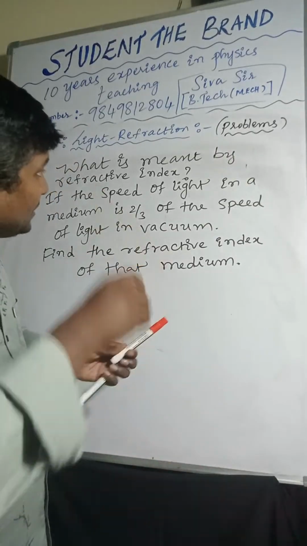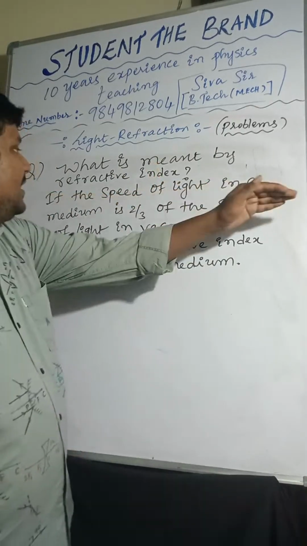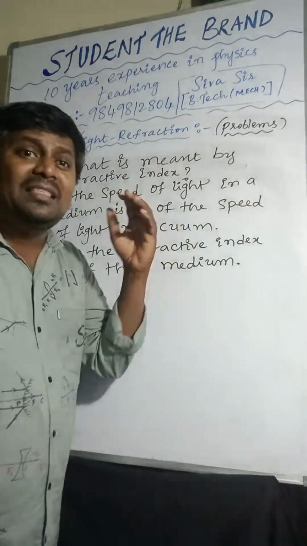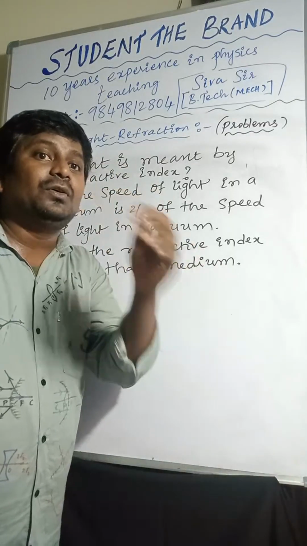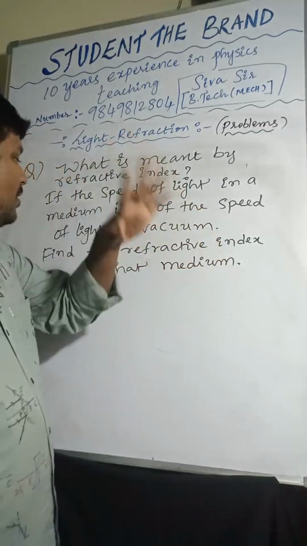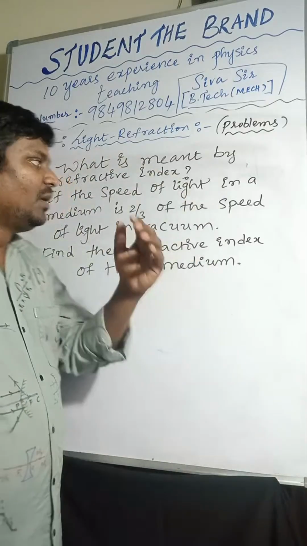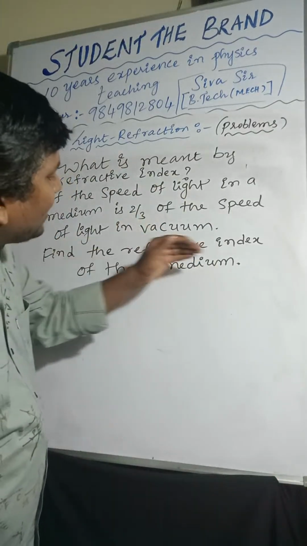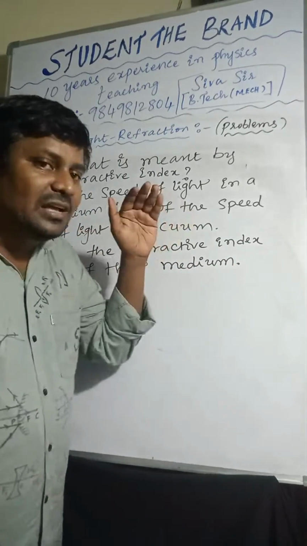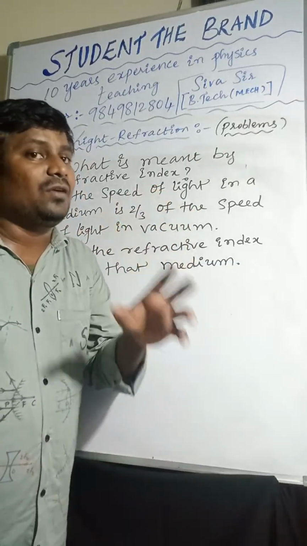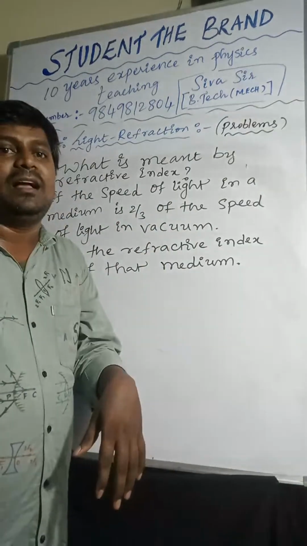But here is the second question: if the speed of light in a medium is 2 by 3 of the speed of light in vacuum, find the refractive index of that medium.